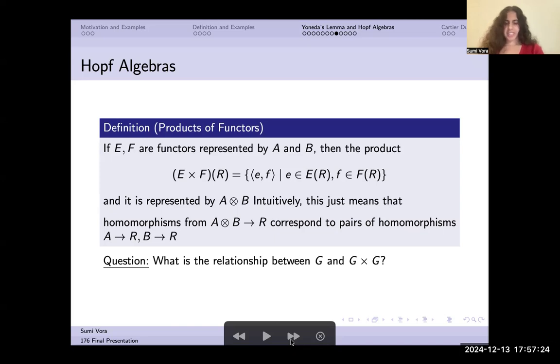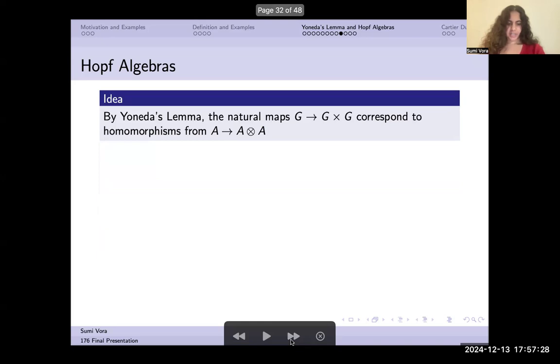And to do this, again, surprisingly, we're going to use Yoneda's lemma. If we apply the lemma, we get that if we map G times G to G, then that's going to correspond to homomorphisms from A to A times A. Sorry, there's a little typo here. We want to map G times G to G, because it's going to be the product.